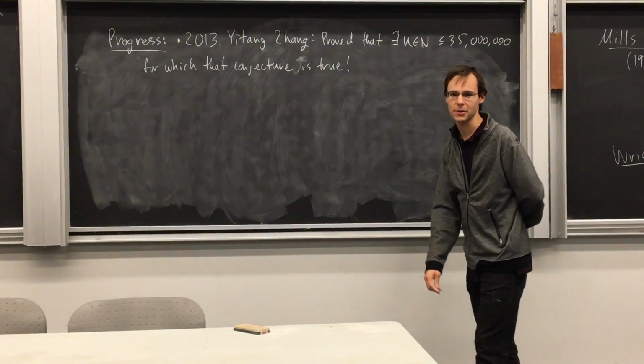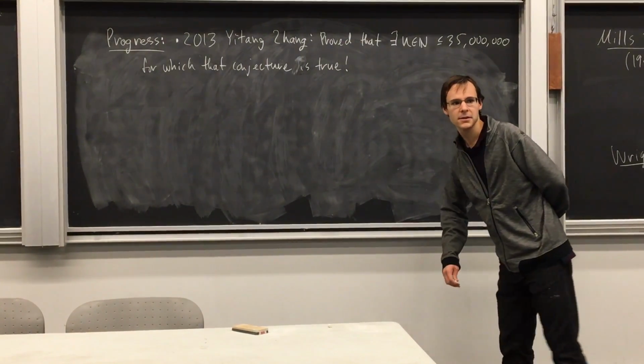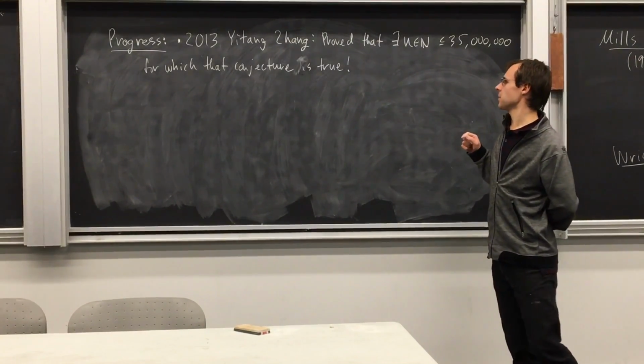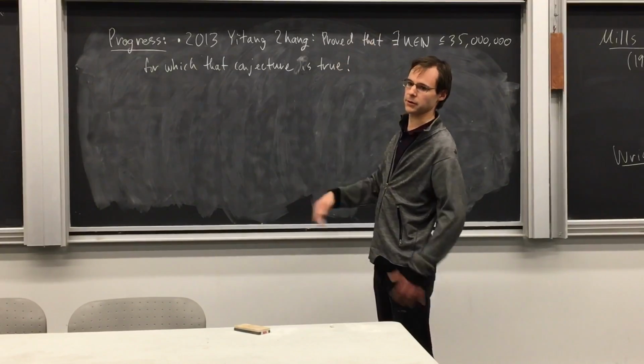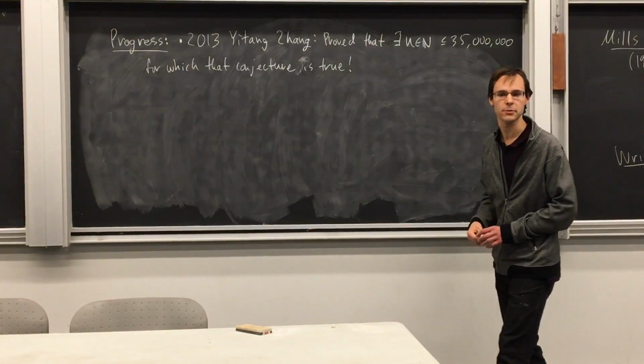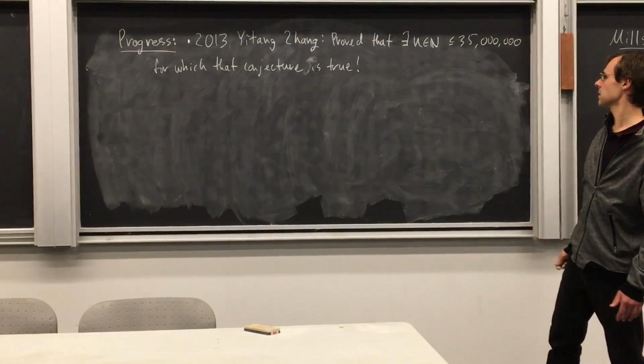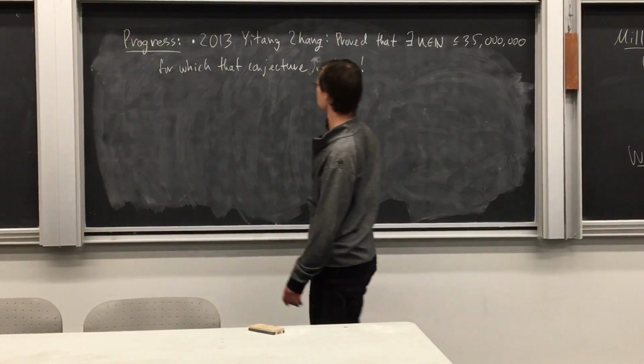But he didn't say what that value of n is. So this caused a pretty big buzz because before 2013, people thought that this result was somehow out of reach of present-day mathematics. New math would have to be developed in order to answer these questions. So this guy proved everyone wrong.